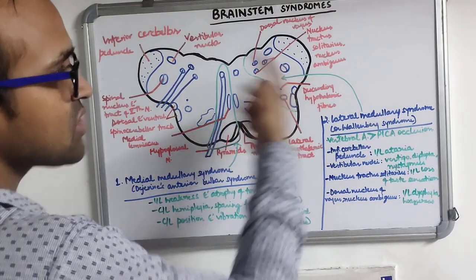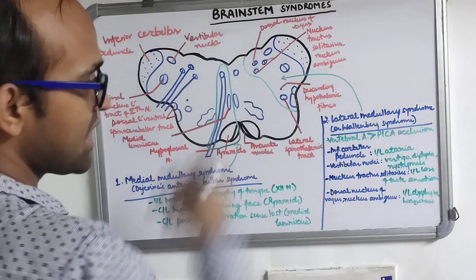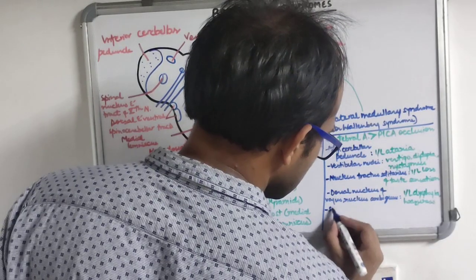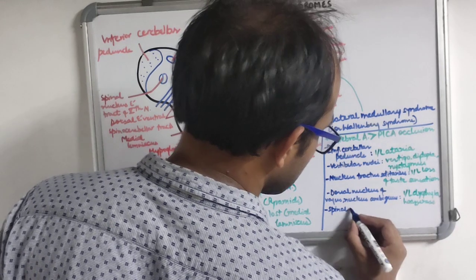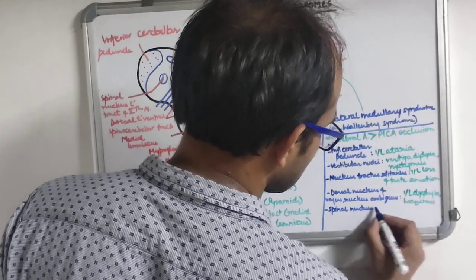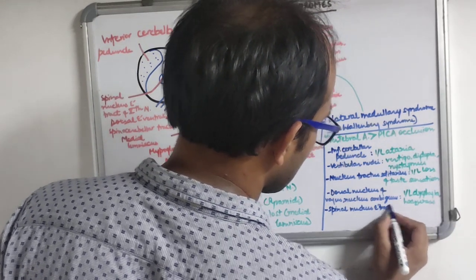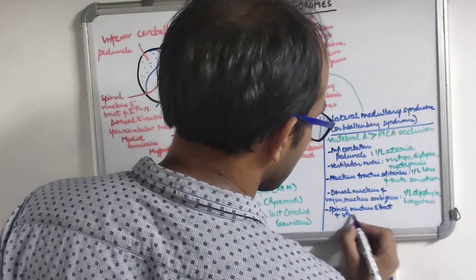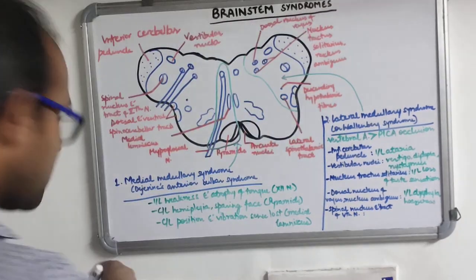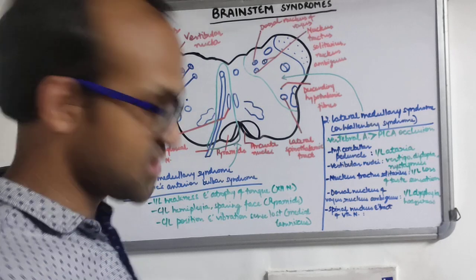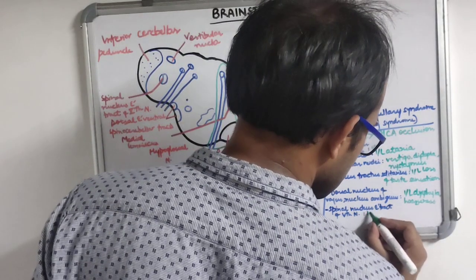And because of the involvement of the spinal nucleus and tract of the trigeminal nerve, there is ipsilateral loss of pain and temperature sensation over the face.